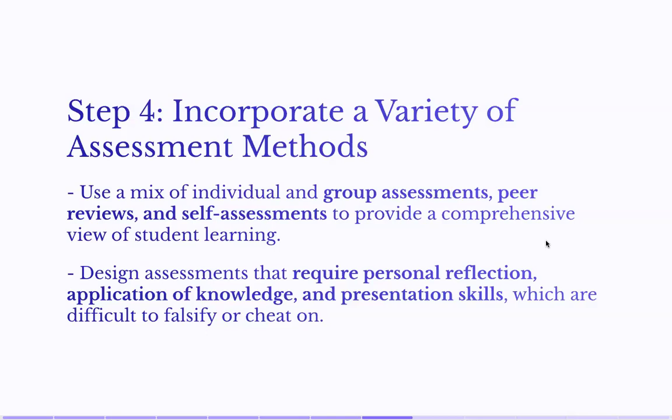Now, there are questions with the application of knowledge, like the KWL, something I want to know or something I learned, something along the line of an acronym like that. Presentation skills. Again, the idea is to build the academic integrity of the project. And so if one of the students or all of the students did end up cheating, well, it's going to become very well known very quickly.